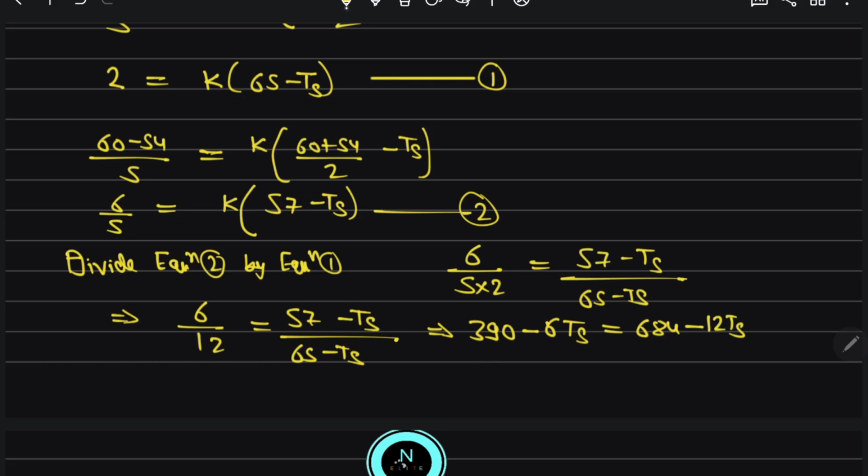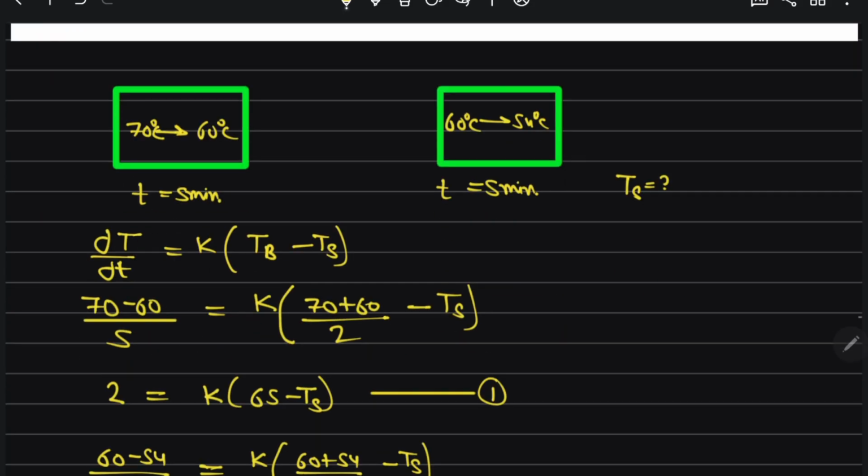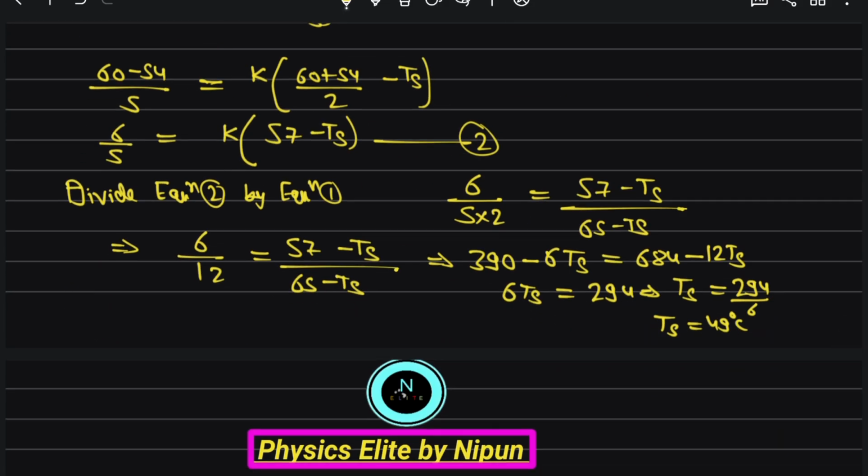If I send 12 TS to this side, 6 TS is equal to 294, so TS is equal to 294 divided by 6, so this is 49 degrees Celsius. I think there may be a mistake from my side. Just one time check the calculation.